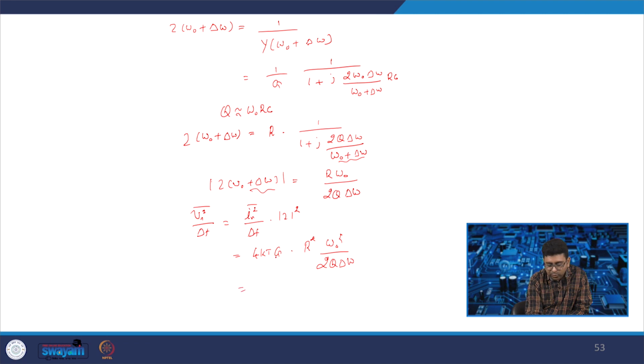So, both G and R will be cancelled out, one of the R and G is cancelled out. We can write 4 kT R omega naught square by 2Q, also whole square, 2Q delta omega square.